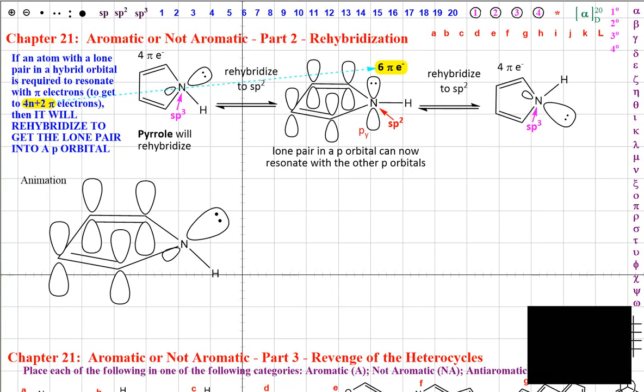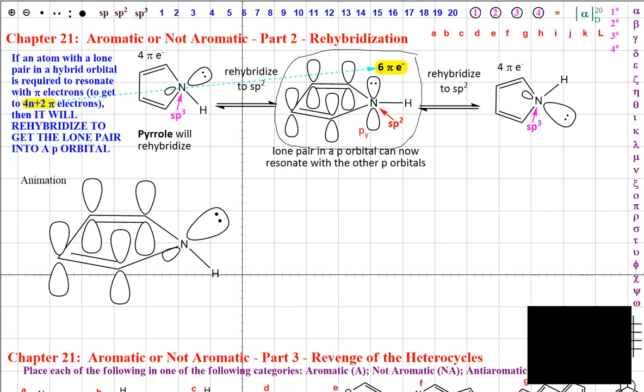Hopefully the following animation will let you visualize the transition from pyrrole with this hybridization to pyrrole with the sp2 hybridization. And I would like to point out, midway through the animation, we're going to be here, and that will be the way pyrrole looks 99.999% of the time, because it's when it looks like this that it is aromatic.